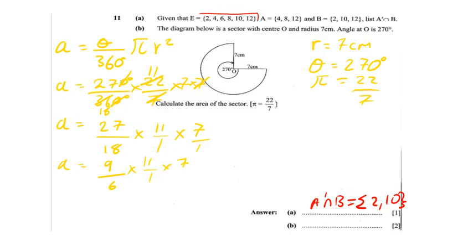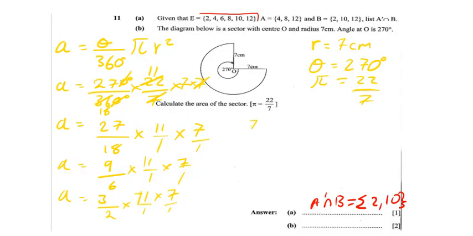So what else can enter? 3 into 9, it is a 3. And then 3 into 6, it is a 2. Multiplied by 11 times 7 over 1 over 1, like that. So here you cannot simplify this any further, so you just multiply. Now you say 11 times 7, it is 77, right?